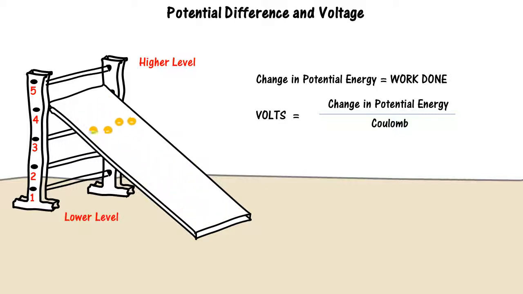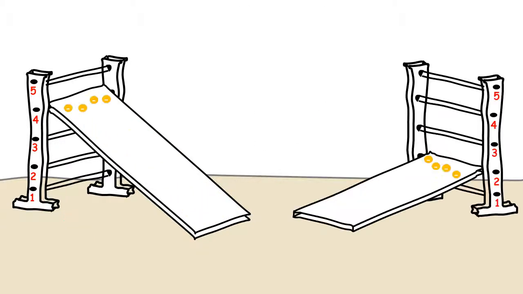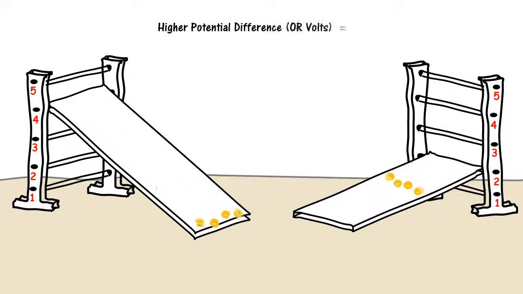So volt is equal to the change in potential energy for 6.2 into 10 raised to power 18 electrons. So this is work done in moving 1 coulomb of charge. You can also see that higher potential difference leads to higher current, which is very obvious.